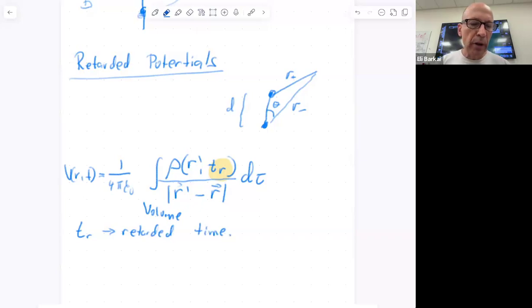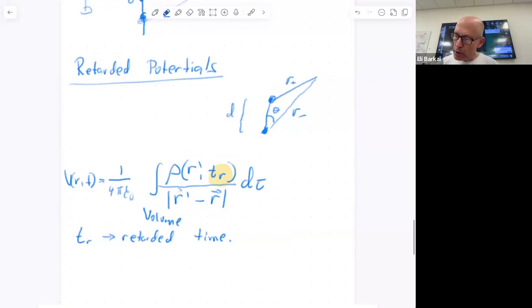So this equation is the same equation that you have in statics, but instead of using the local time, the time where you are measuring, time t, you are using the time t_r, which is the time where some charge emitted light and the light arrived at the detector at point r exactly at the right timing, giving you the effect. So this t_r depends, first of all, on where you are in space, how far you are, and also in general on r prime, where in the system you are integrating.